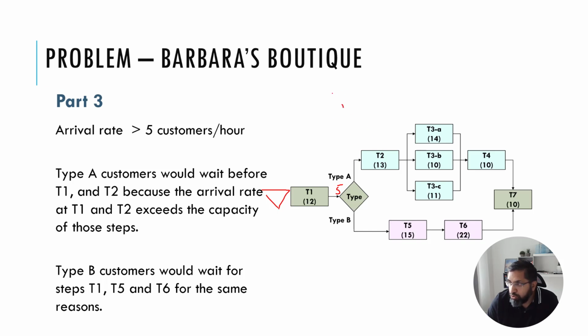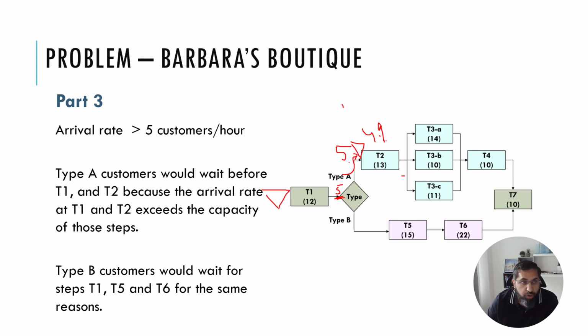The capacity of T2 is 60 over 13, which would be a little bit less than 5, about 4.9. So T2 can handle 4.9 customers per hour. If only type A customers are coming in, all of these 5 are type A, then the load on T2 is 5, but it can only handle 4.9, so a queue will form here as well, before T2.